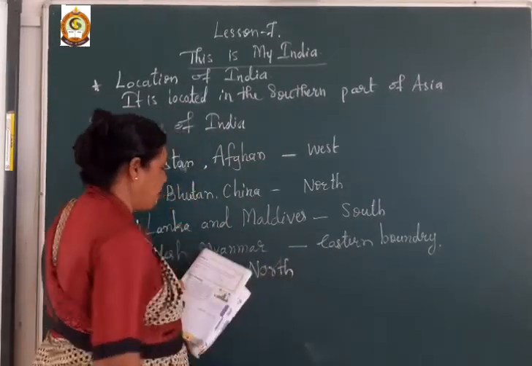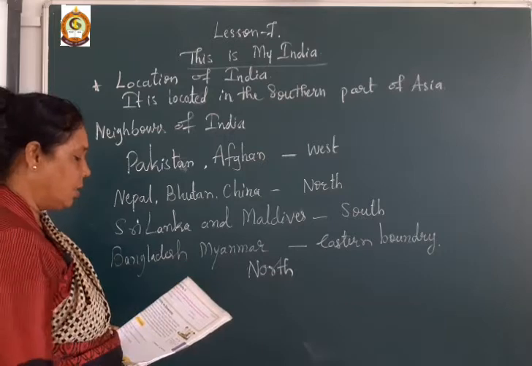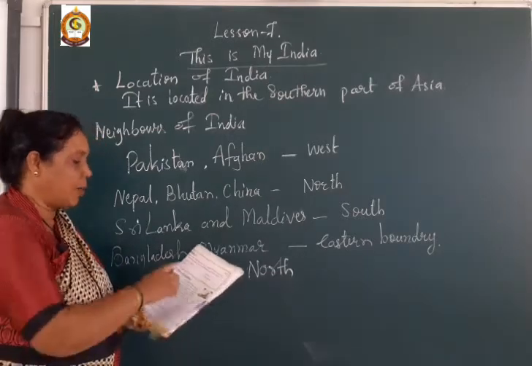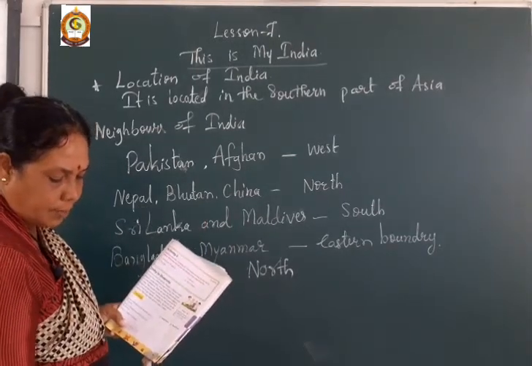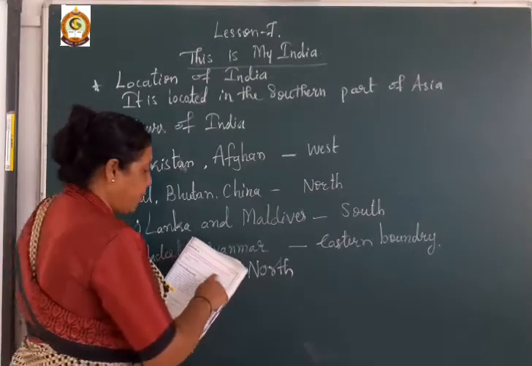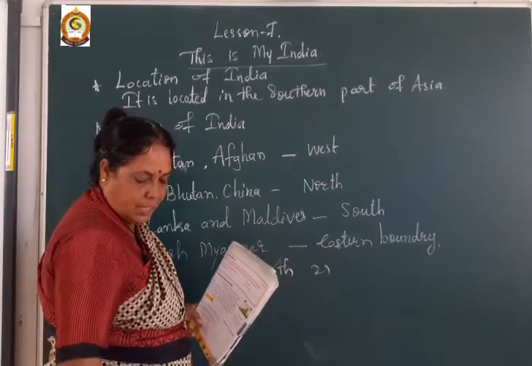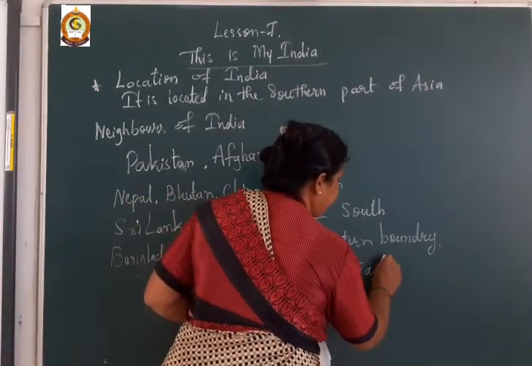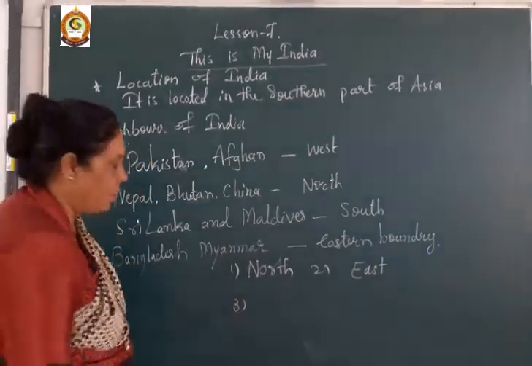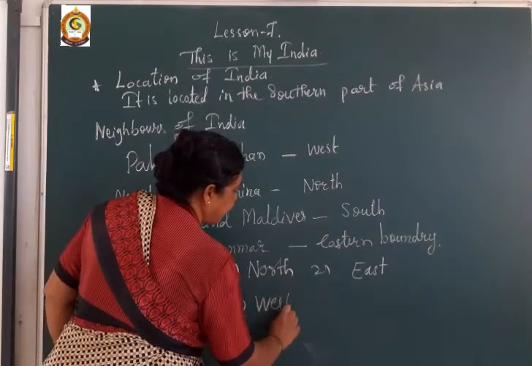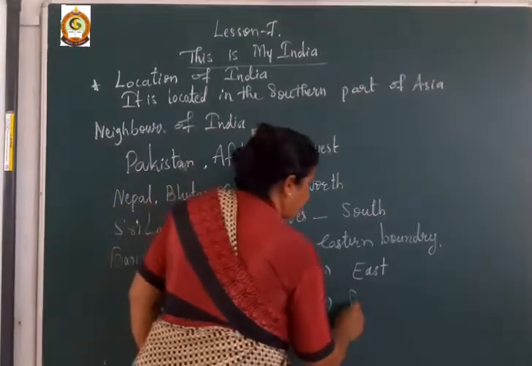Second, Assam, to the east, and number three, Gujarat, to the west, and number 4 is Tamil Nadu, to the south.